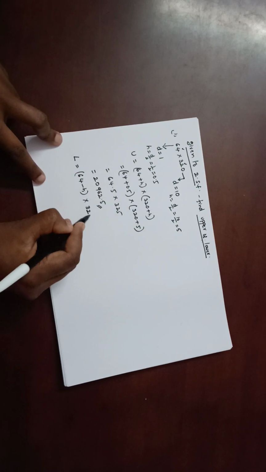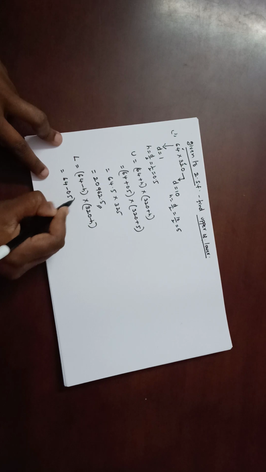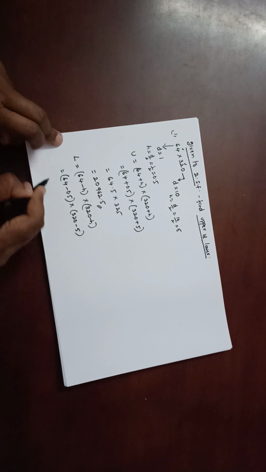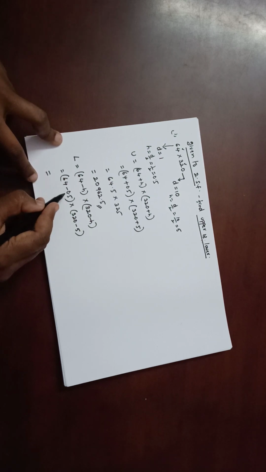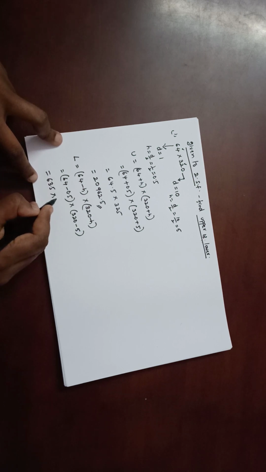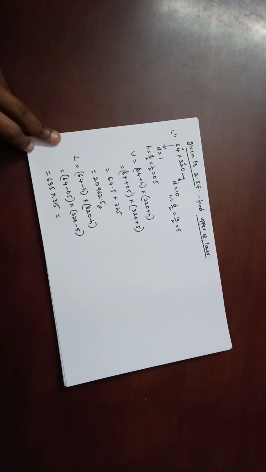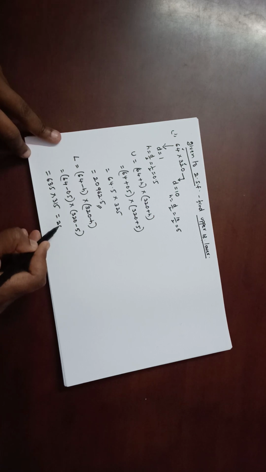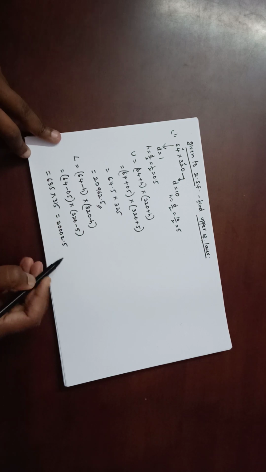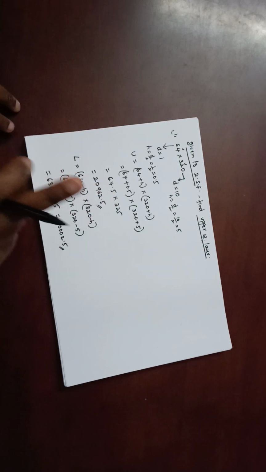So 320 minus H. So 64 minus 0.5 into 320 minus 5. 64 minus 0.5 means 63.5 into 315, which equals 20002.5. Okay, this is the way of doing the problem for two significant figures.